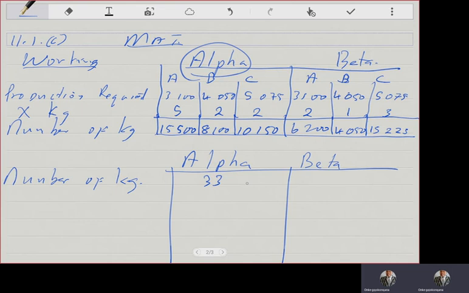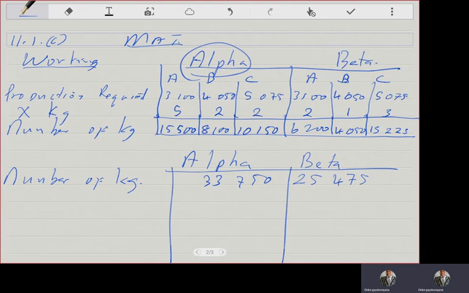So it's 33,750. Then on this side, if you take 6,200, 4,050, 15,225, it gives us 25,475. So that's going to be our total kgs.